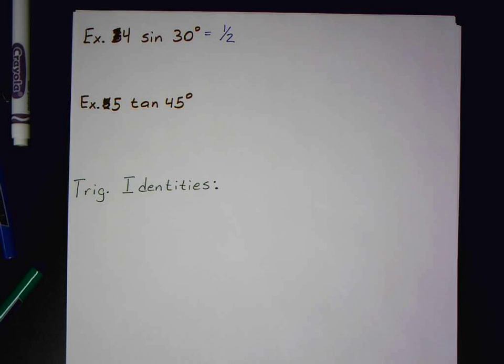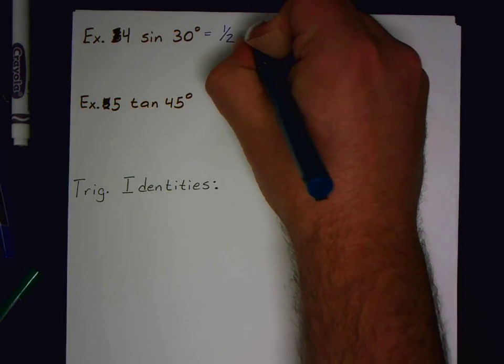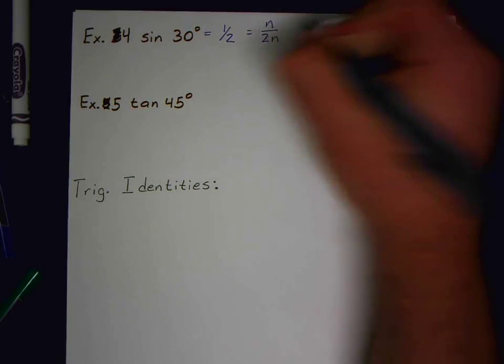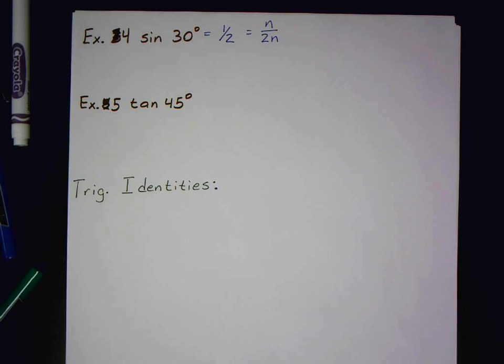If you use your special right triangle, 30 degrees, opposite side is n, hypotenuse is 2n, the n's don't matter, because the n's depict the size. And remember, size doesn't matter.